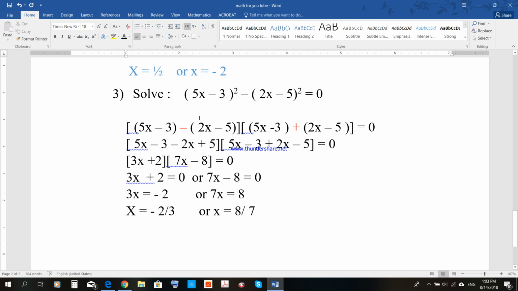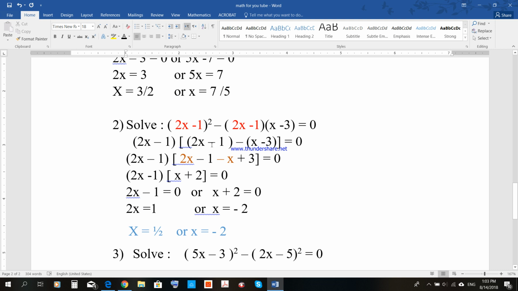First of all, we take a common factor to factorize the equation, to get two parentheses, and after that first parenthesis equal to 0, second parenthesis equal to 0, to find the solution x.